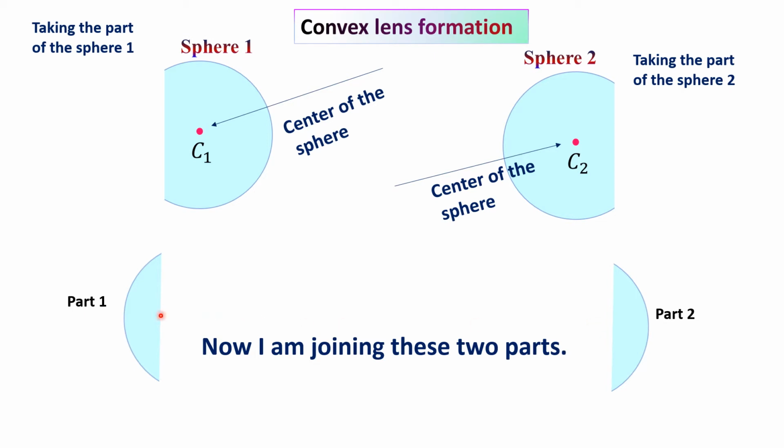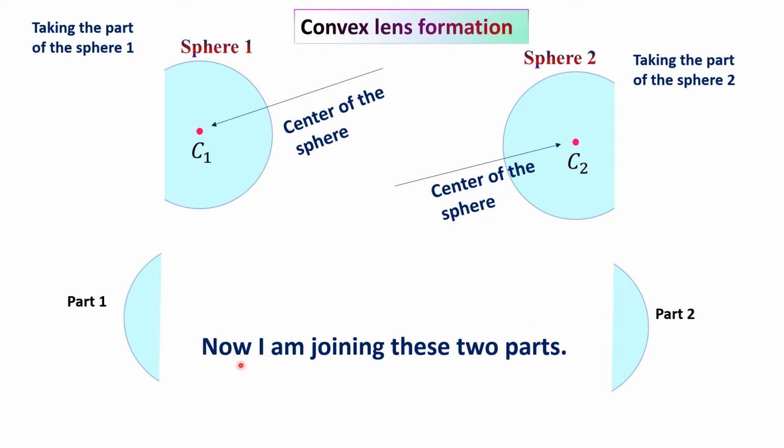Imagine if these two parts are joined, these two centers will become the centers of curvature. The center of this part is C1, the center of this part is C2. Now, how am I going to join these two parts in order to form a convex lens will be shown.